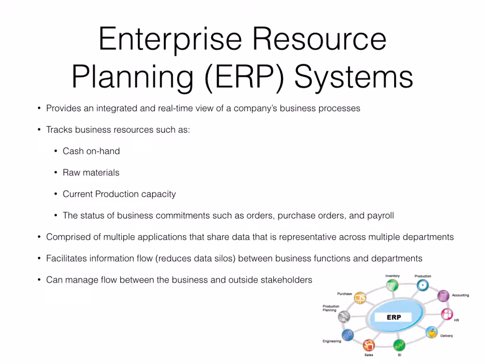It tracks your business resources such as cash on hand, raw materials, your current production capacity, and the status of business commitments such as orders, purchase orders, payroll, etc. In terms of technologies, it's comprised of multiple applications, some of which we'll talk about today, that share data that is representative across multiple departments. I'll give you an example of that.